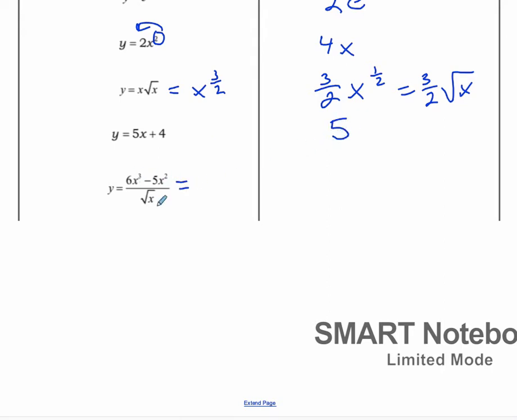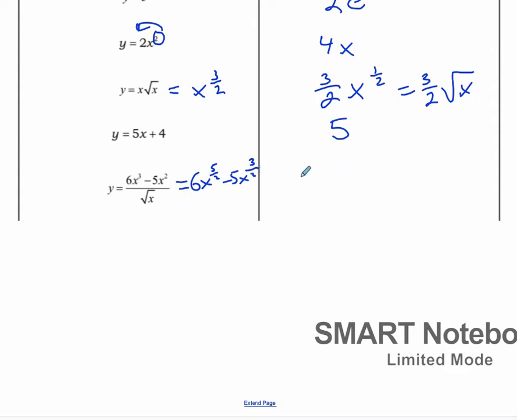For this one, we want to simplify first. So x to the power of 3 divided by x to the power of half is x to the power of 5 over 2. And x to the power of 2 divided by x to the power of half is x to the power of 3 over 2.